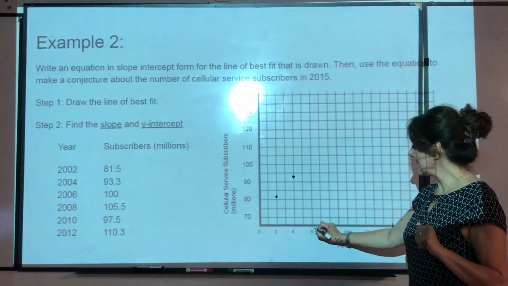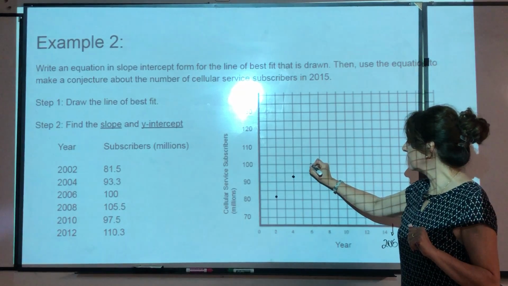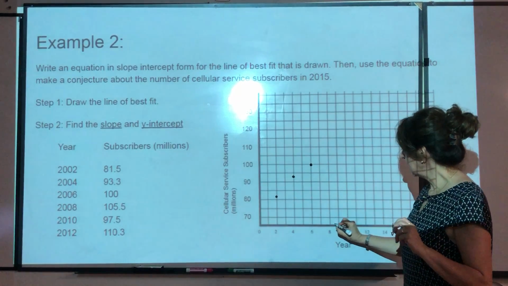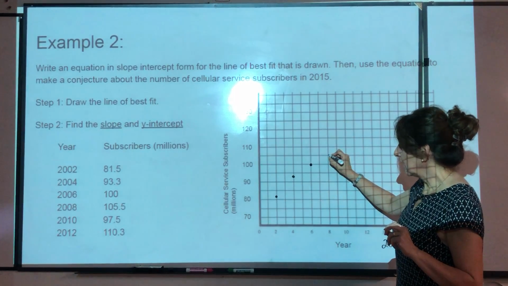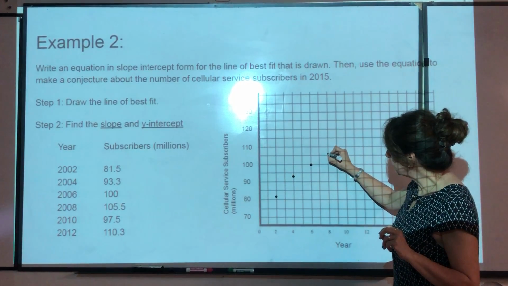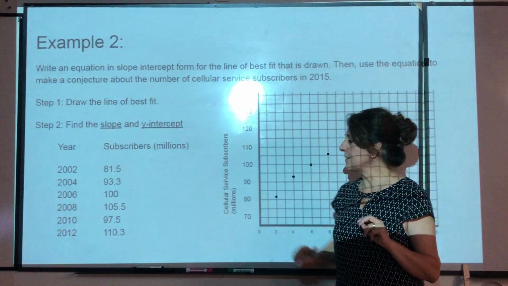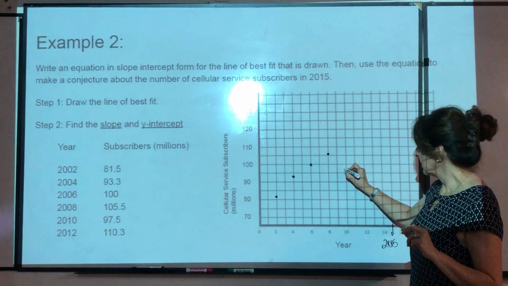In 2006, I have 100 exact, right there. In 2008, 105.5, so somewhere around here. And then in 2010, 97, so it went down.